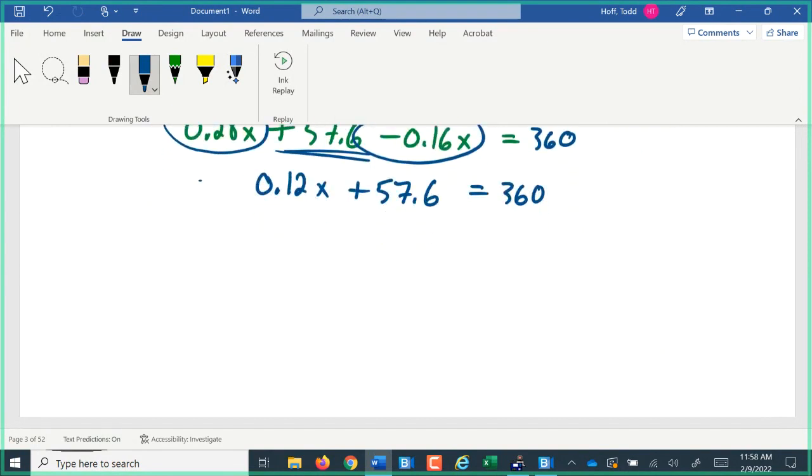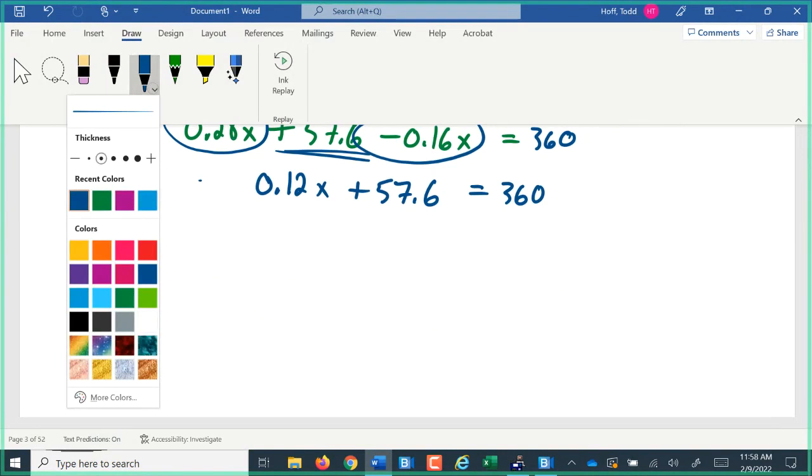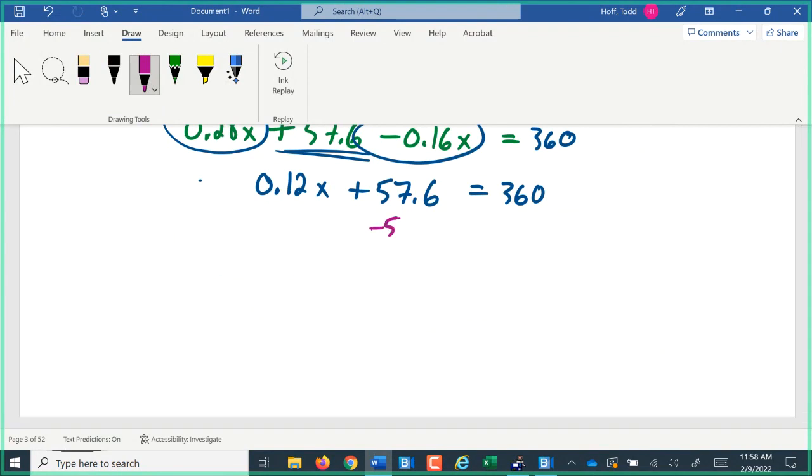Combined everything we can combine. The variable is on one side, so we are now ready to solve. Go ahead and subtract 57.6. 0.12x equals 302.4.